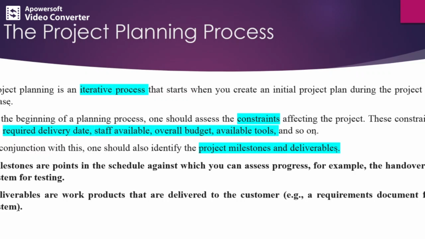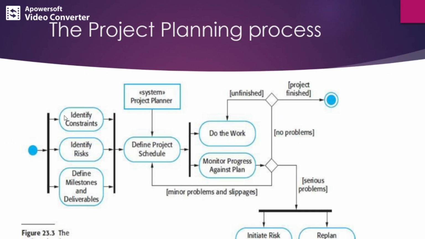It starts from the initial project plan phase. At the beginning of the planning process, you can look at the diagram. This is the initial state. At the beginning, what you have to do is identify the major constraints to your system.